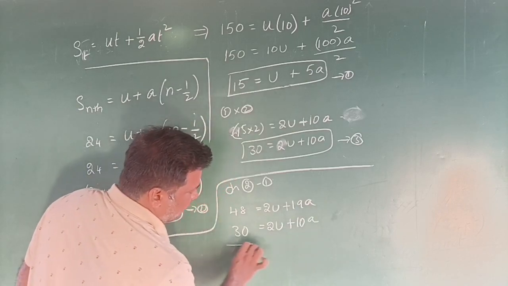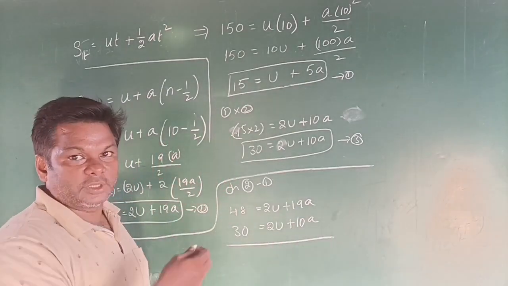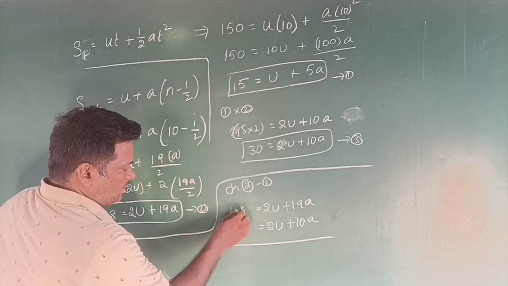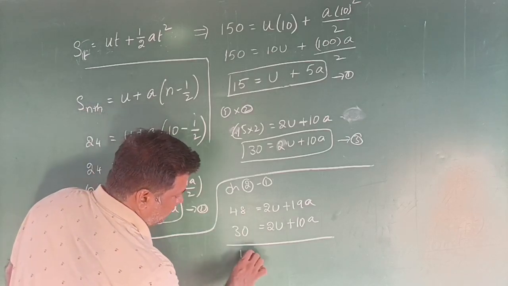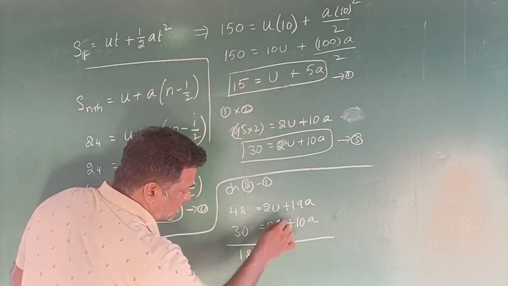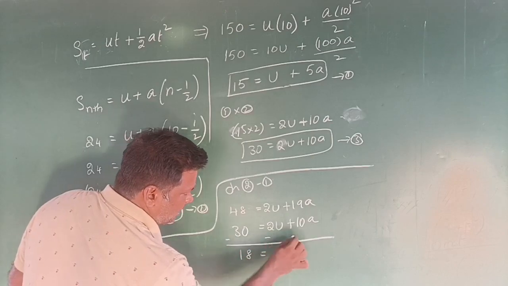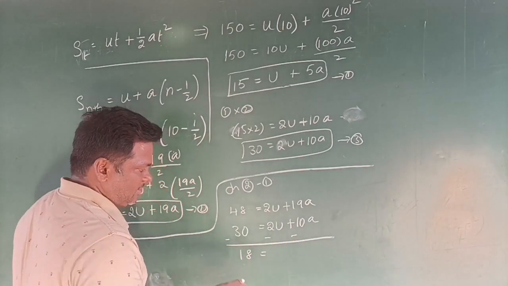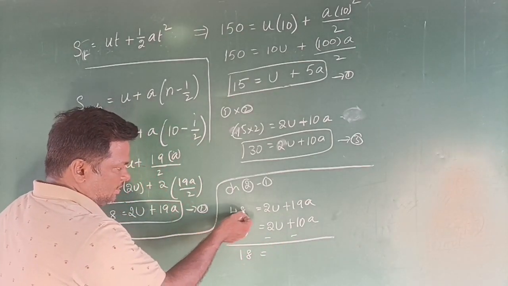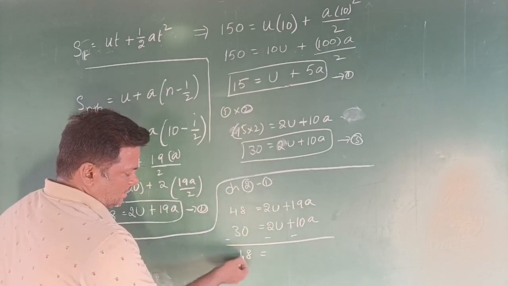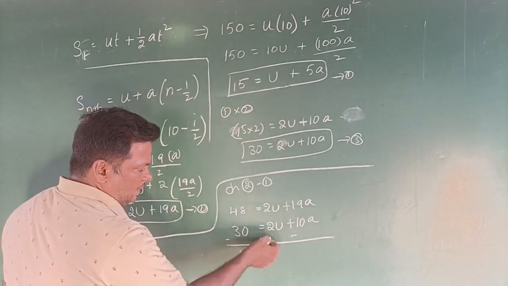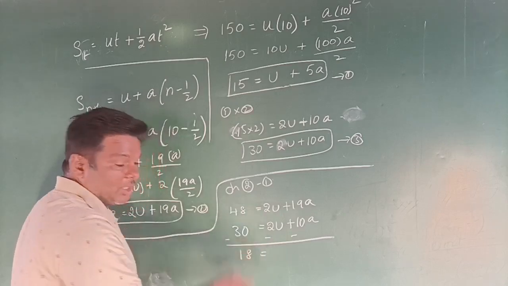Observe this, I can subtract. Our fourth class problems will be like this. 48 minus 30, 18 I got. 2u will get subtracted because when you are doing subtraction, you must change the signs. When I change the signs, 48 minus 30, 18. 2u minus 2u gets cancelled. This is what I want.